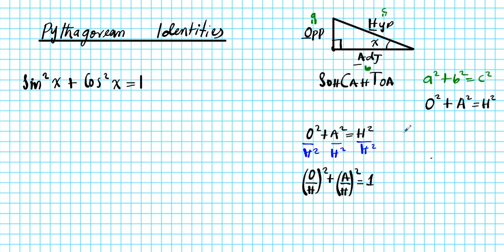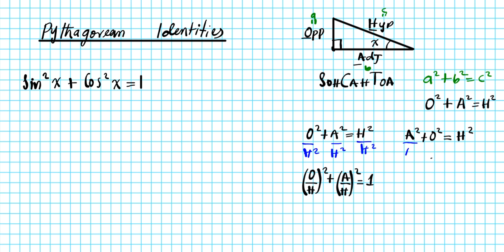Now, I'm going to rewrite this. Let's go A square plus O square. We know that addition commutes, the order doesn't really matter, is equal to H square. Now, what happens if we divide everything by A square?